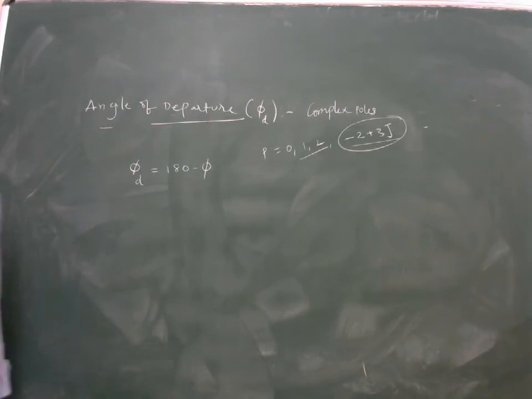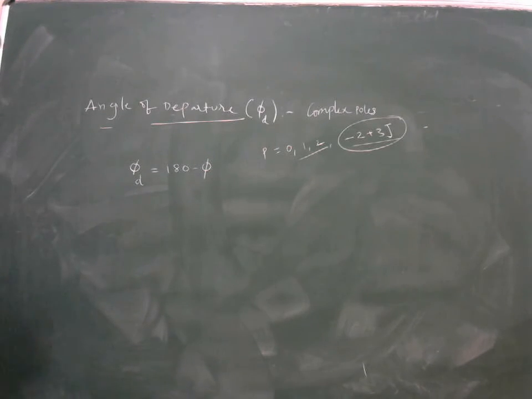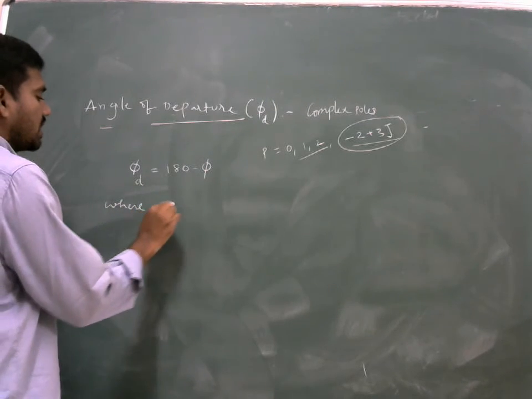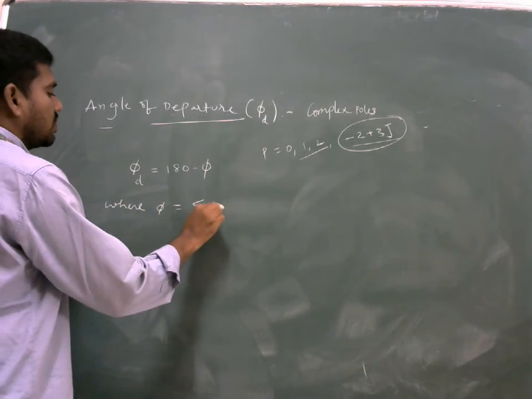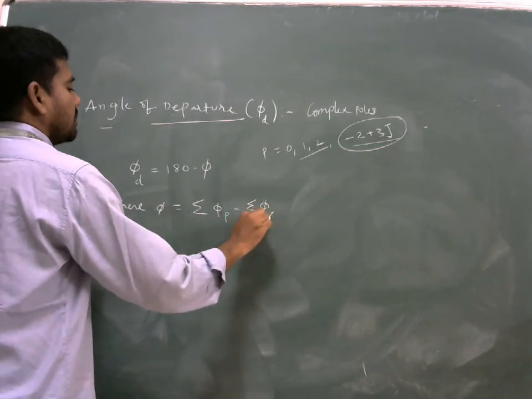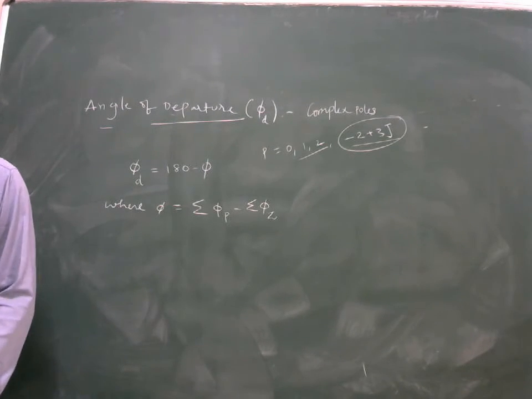That means phi d equal to 180 minus phi, where phi is equal to sigma phi p minus sigma phi z.